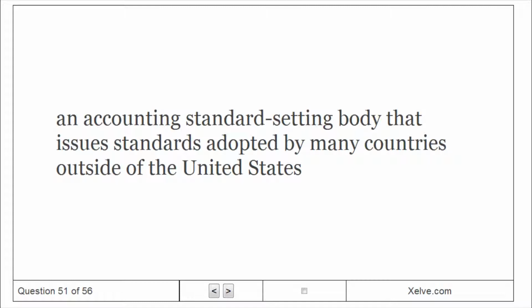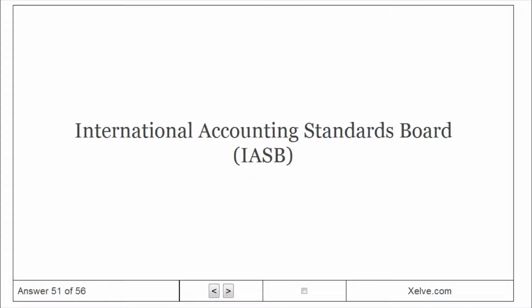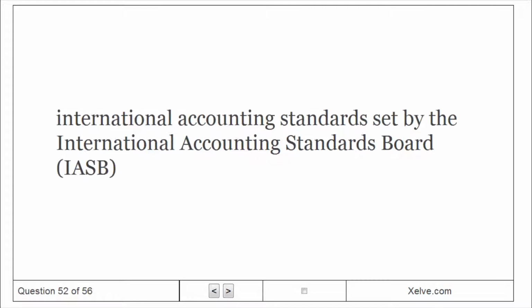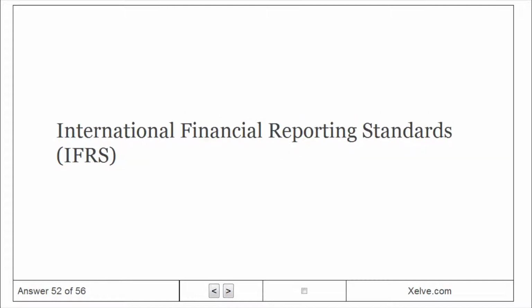An accounting standard-setting body that issues standards adopted by many countries outside of the United States. International Accounting Standards Board. International accounting standards set by the International Accounting Standards Board. International Financial Reporting Standards.